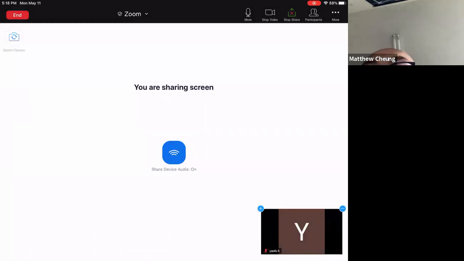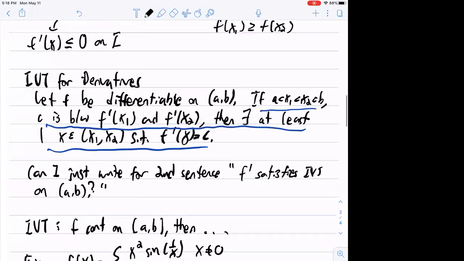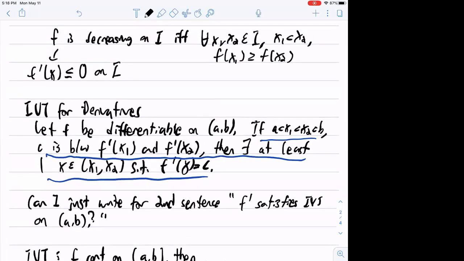So obviously it's not MVT, right? Because there's no way I'm going to get a 7 in the denominator. So we're clearly going to have to use the IVT for derivatives, right?